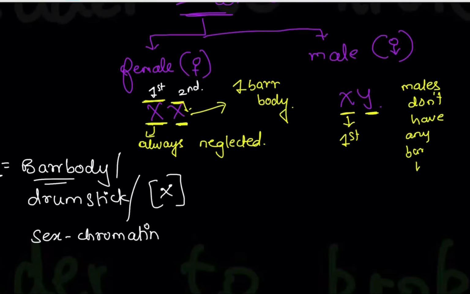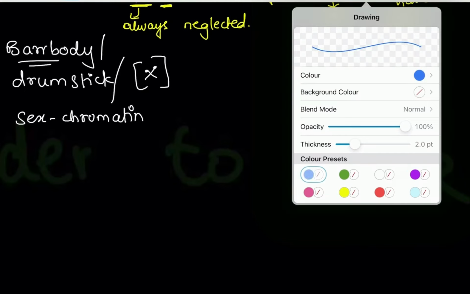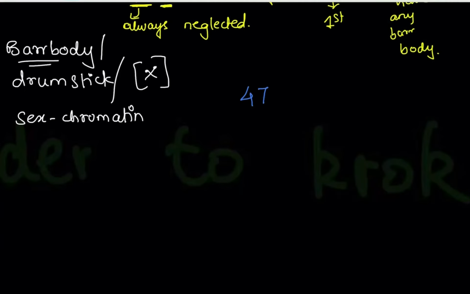Okay, now let's understand this concept of Barr body with a few more examples. Suppose I tell you this is 47XXX. If I ask you how many Barr bodies are there in this example, then you should count the Barr bodies. This is the first place, and the first place is always neglected. From the second position, we will be seeing how many X are present. So here one X, here another X, second position, third position. So we have two Barr bodies.